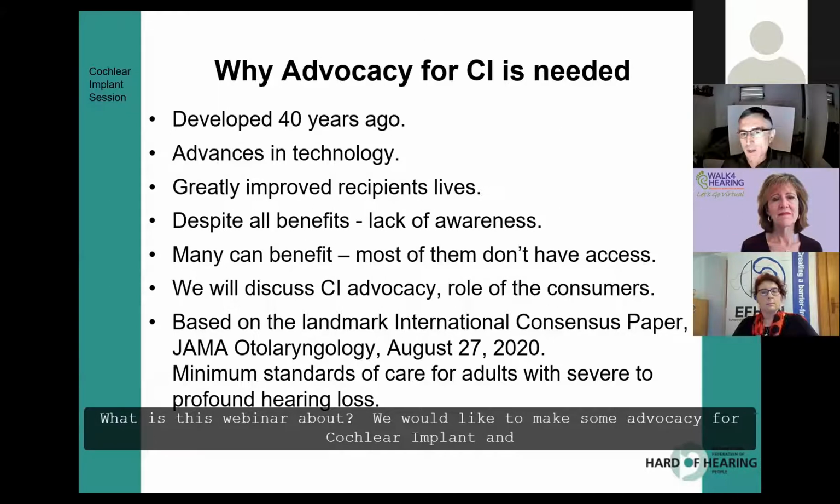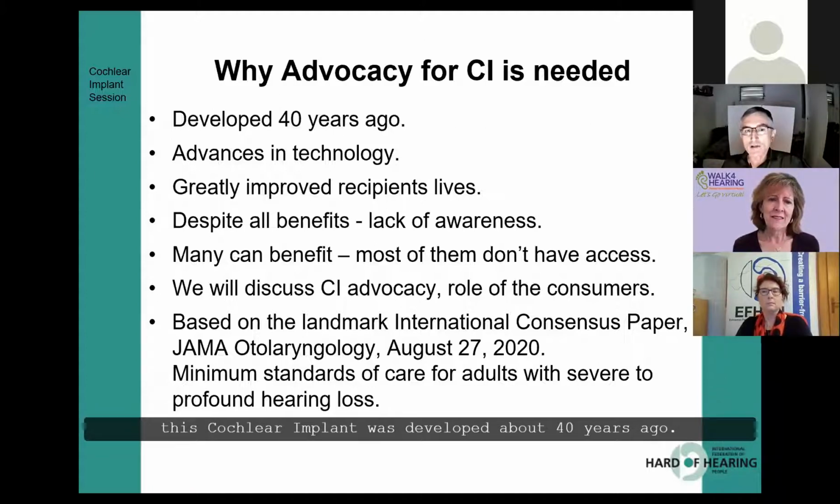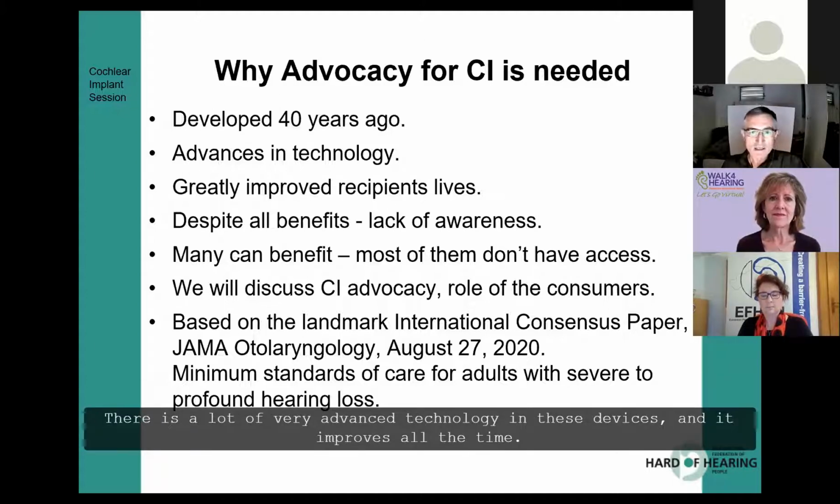What is this webinar about? These cochlear implants were developed about 40 years ago. There is a lot of very advanced technology in these devices, and it improves all the time.